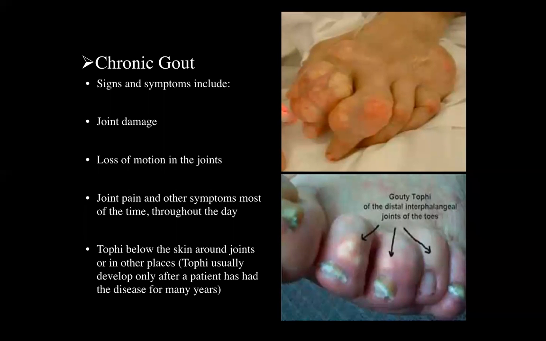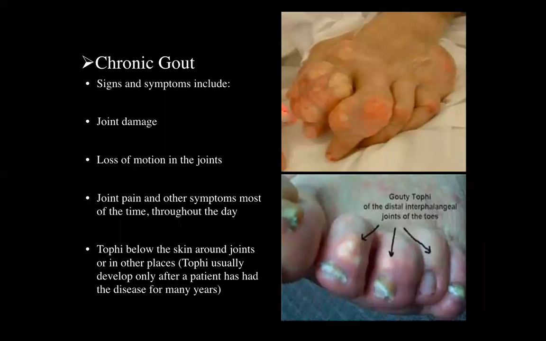Chronic gout. Signs and symptoms include joint damage. You can see the picture of how this type of chronic gout looks. Loss of motion in the joint. Joint pain and other symptoms most of the time throughout the day.